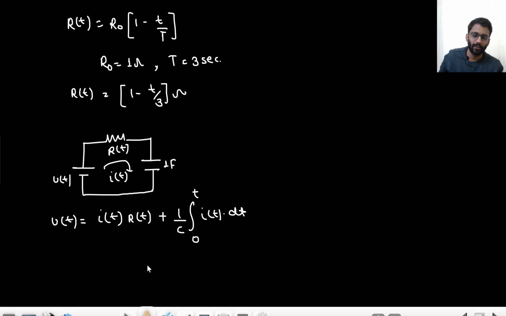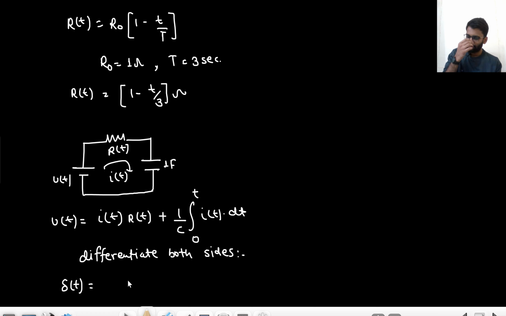So now what we can do, we have to eventually find the i(t) value, so we can differentiate both sides. Differentiate both sides. So what you will get, here you will get delta t. Now here i(t) I will write.